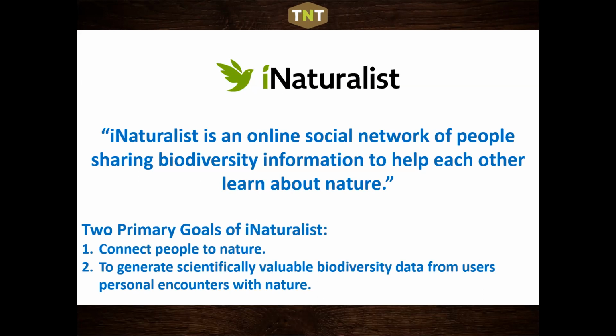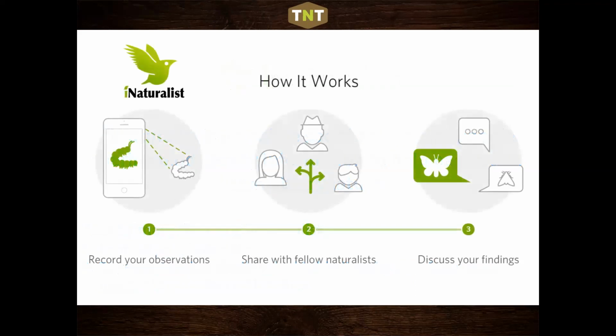Two primary goals of iNaturalist are to connect people to nature and then to generate valuable data from the people using the app when they're out in nature. So it's doing two things. It's getting people outdoors, and it's also taking advantage of the technology that we carry with us 24/7, it seems like, and the fact that they're taking pictures of plants and animals.